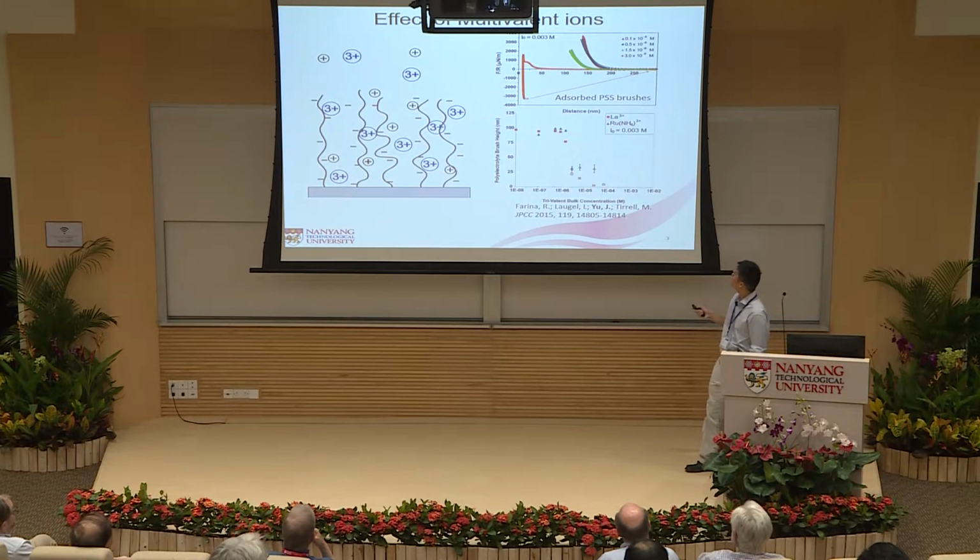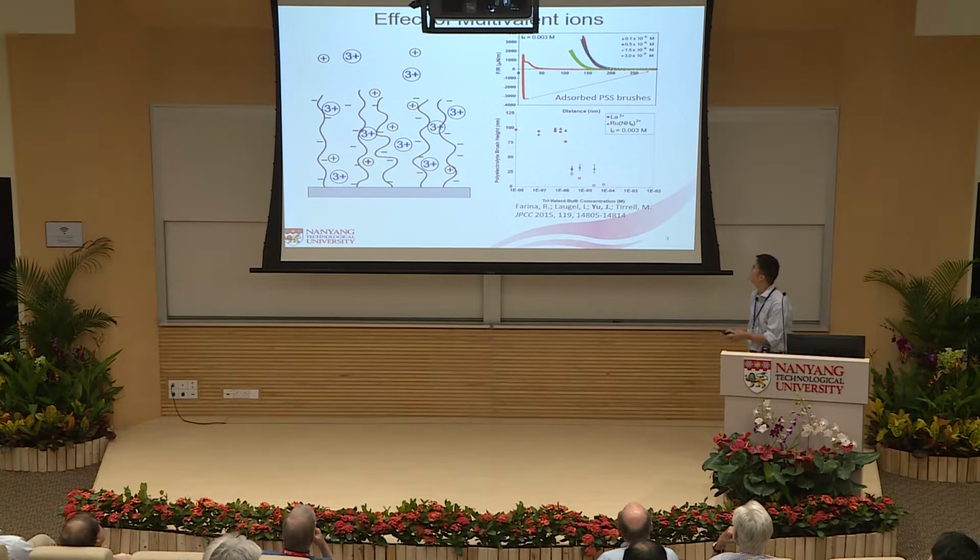The surface force apparatus measurement shows that the interaction between two PSS brushes at low grafting density is purely repulsive in monovalent salt solution. But when we add trivalent ions, either lanthanum or ruthenium hexaamine, we dramatically reduce the repulsion force.